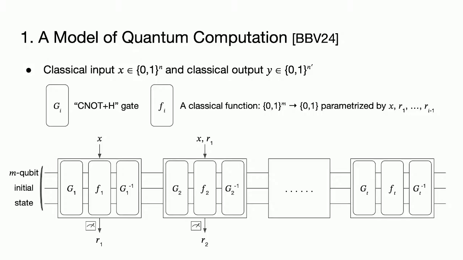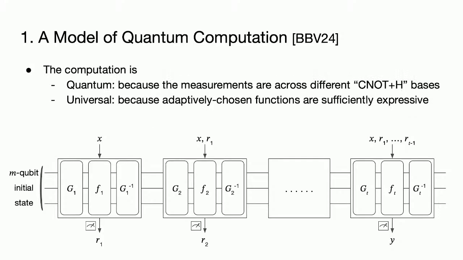In other words, this execution adaptively chooses the next function to compute based on prior measurement results. Finally, the measurement outcome of the last function produces the output y. At a high level, this model of computation performs something quantum because these measurements are across different bases, and it achieves universal quantum computation because these adaptively chosen functions make the computational model sufficiently expressive.